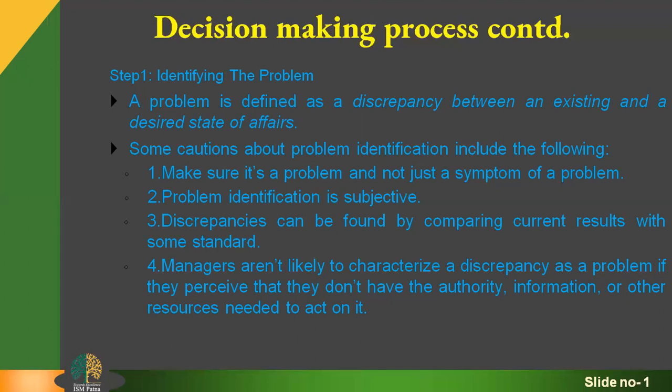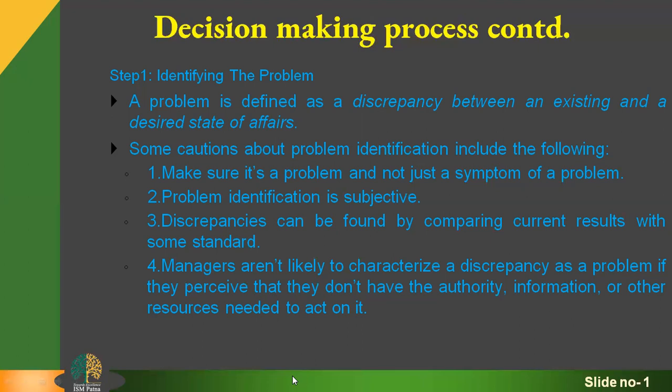Problem identification is subjective, that is also very important. That means we cannot predefine something to justify a particular phenomenon or happening as a problem. We should not do it like this.